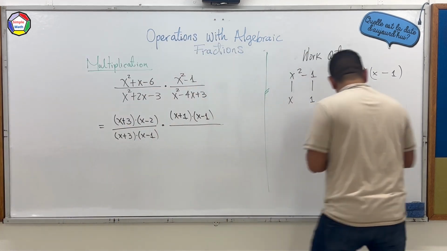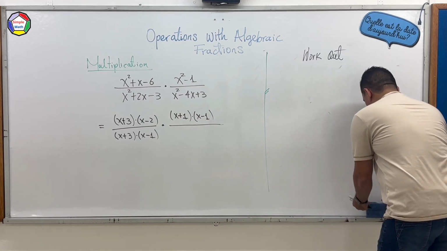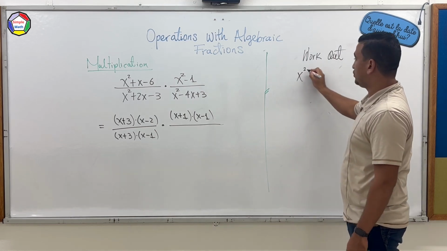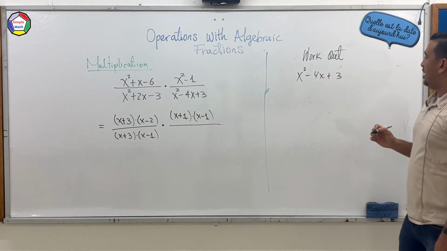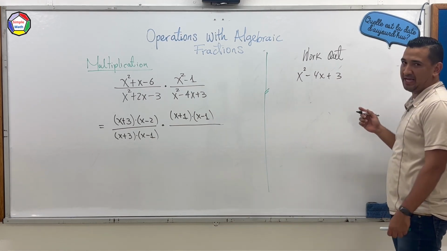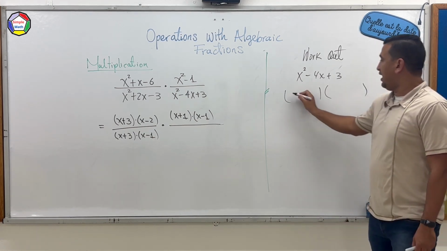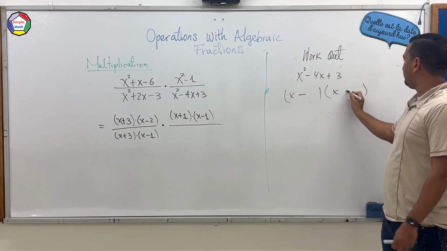Then I'm going to bring this here: x² - 4x + 3. This is a trinomial in the form x² + bx + c. So I open two parentheses, x and x, negative times positive gives negative.